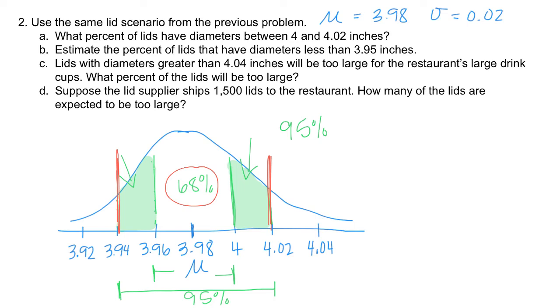That gives me those 2 shaded regions. So that leaves me with 27%. But what I really wanted was just from 4 to 4.02, just this section, not the other one. So I divide the 27% by 2, and I get 13.5%.